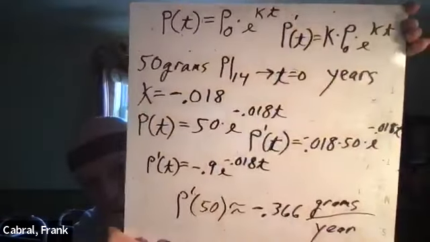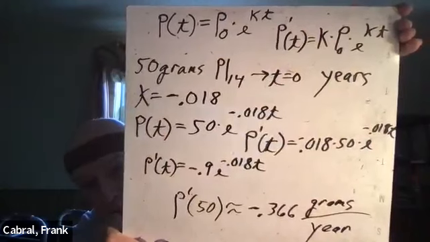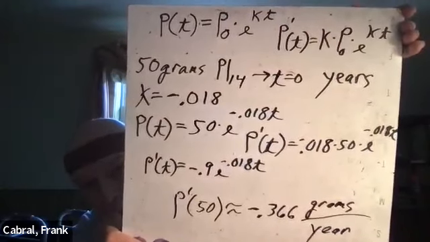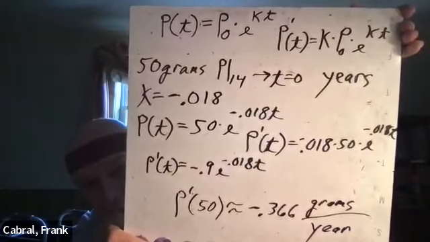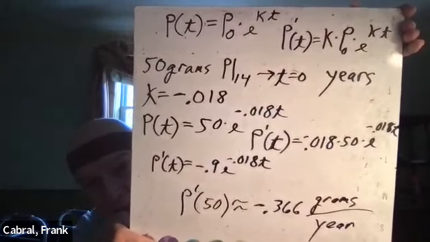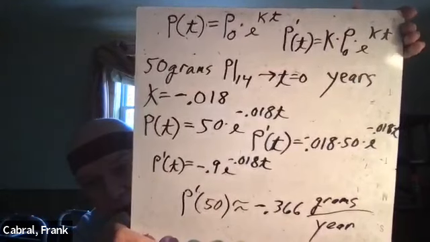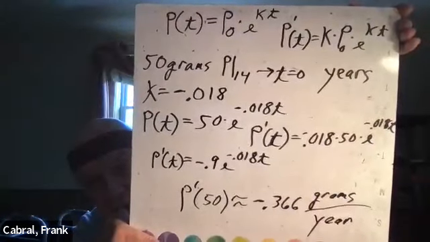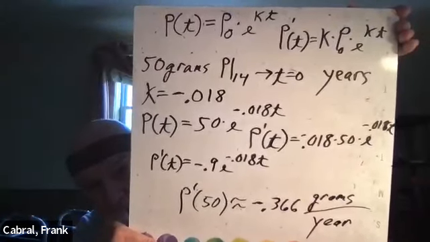So that's how much it's losing in 50 years. So notice that the number of grams that it's actually losing in 50 years is relatively small, because it's probably lost most of its mass by then with that particular value of K, that is.